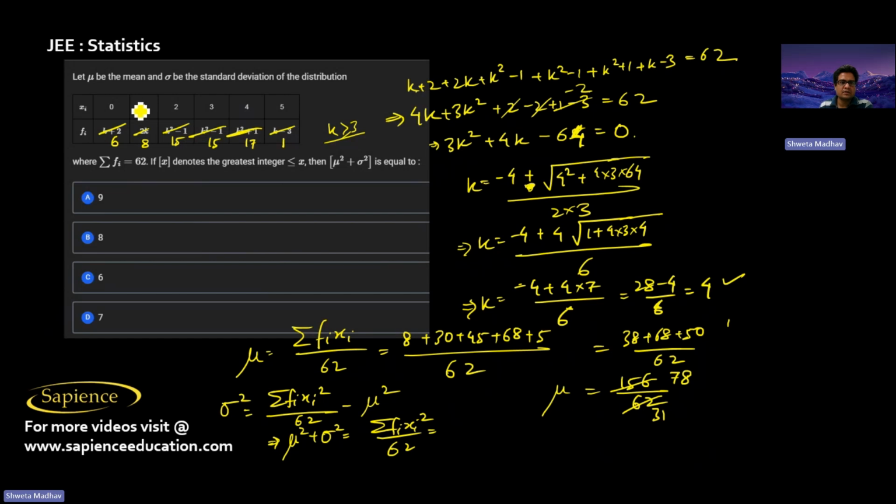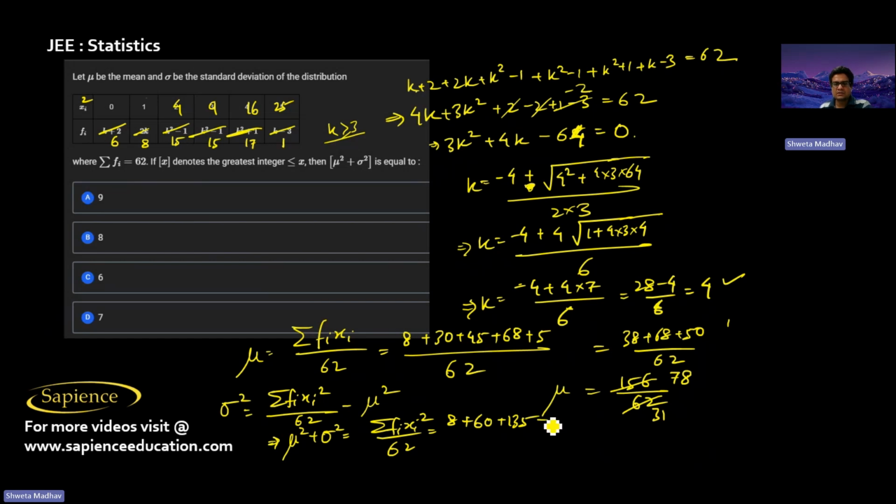For summation fi into xi², xi² will be 0² is 0, then this is 1, this will be 4, this will be 9, this will be 16, this will be 25. Now we have to do the summation, so 6 into 0, that is 0, plus 1 into 8, that is 8, plus 15 fours are 60, plus 15 nines are 135. 9 fives are 45, yeah.